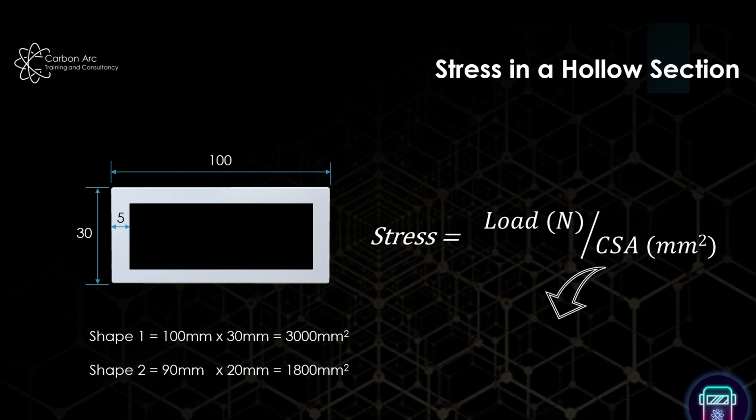Now, if we take that and say cross-section area equals shape 1 minus shape 2, we get a cross-sectional area of 3000 minus 1800, and then our final cross-section is 1200 millimeters squared.